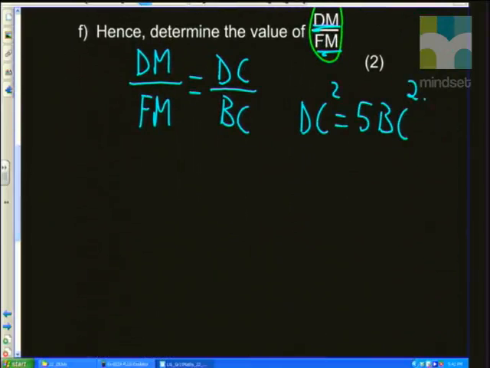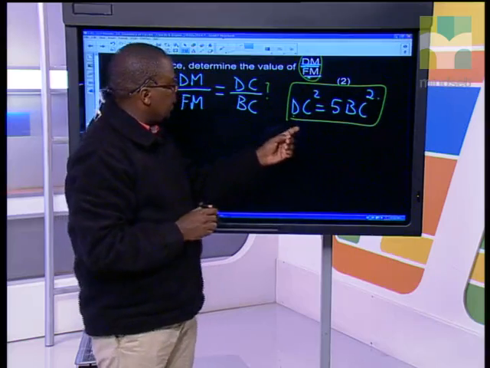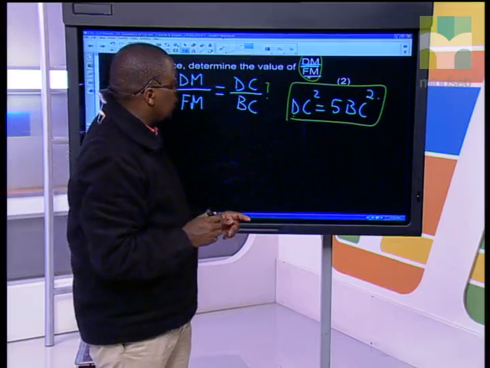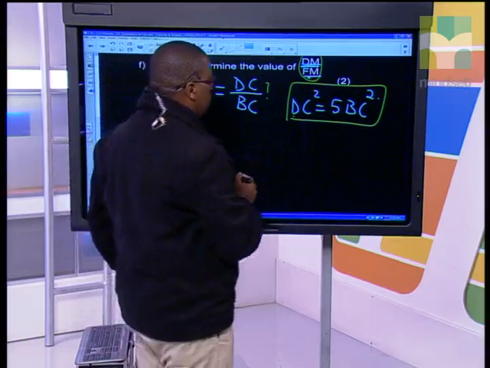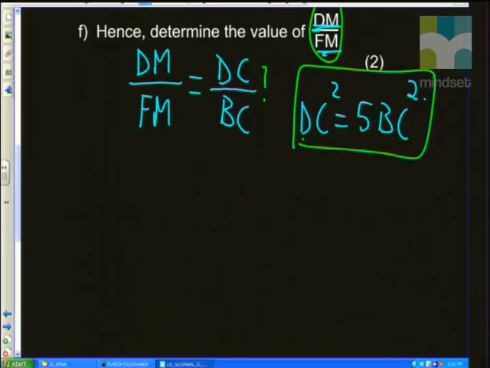Now we need to look at the relationship between the two. So I can make DC the numerator here and then BC the denominator. So let's work it out quickly. If I divide by BC squared, I've got DC squared divided by BC squared will be equals to 5, because I'm dividing on both sides by BC squared.